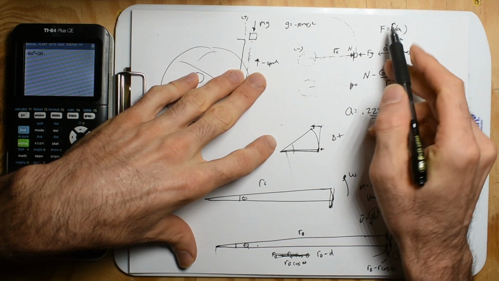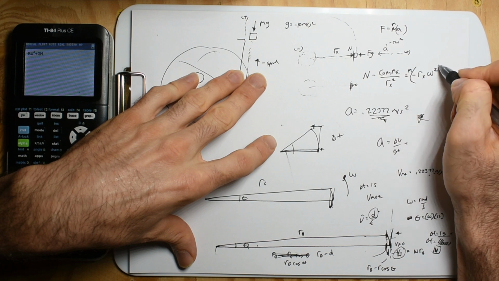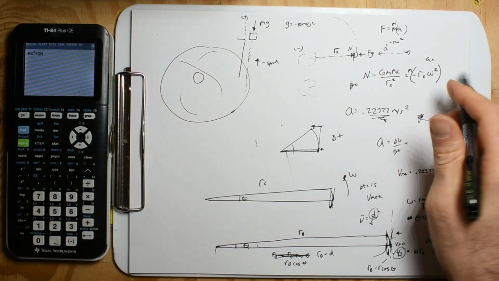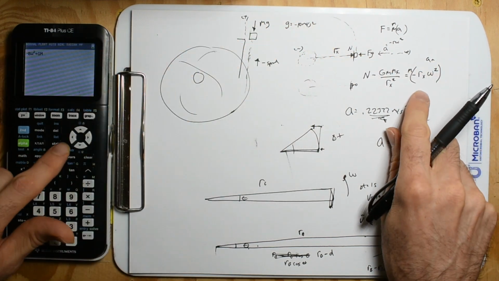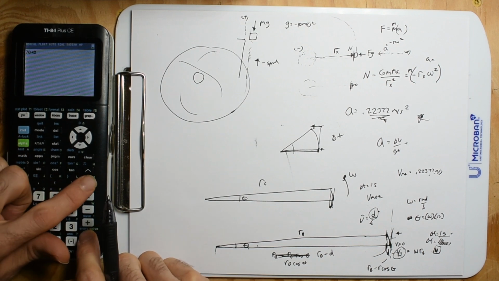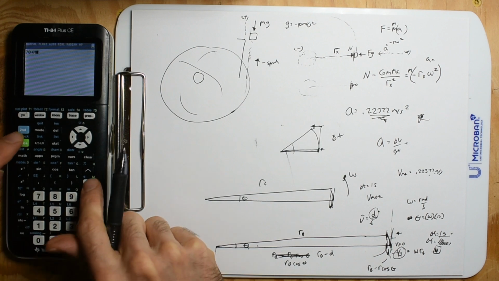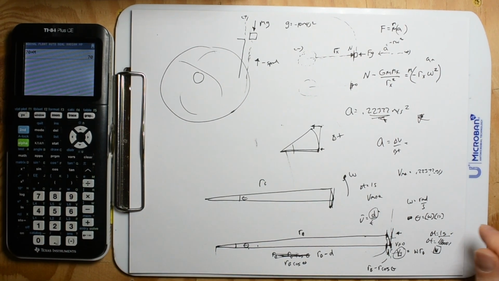We have to add our mass. So F equals ma, our mass is over here too. So we have our mass times that acceleration, the acceleration term in the normal direction. Yeah, because the masses have to cancel on both sides. All right, sorry about that.